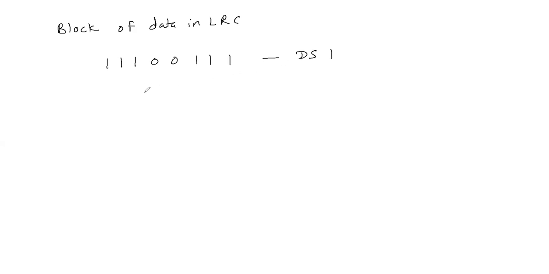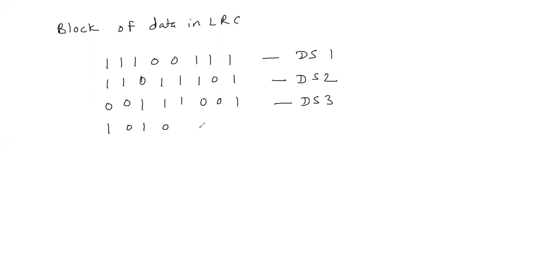My second data stream was 11011101. Are you getting this point? So likewise, I'm just writing all the data streams in the form of rows and columns to make it two-dimensional data. 00111001. This is data stream 3. And the last data stream is 10101001. So this is data stream 4.